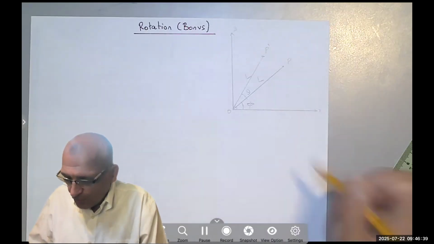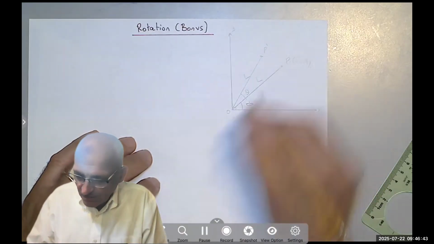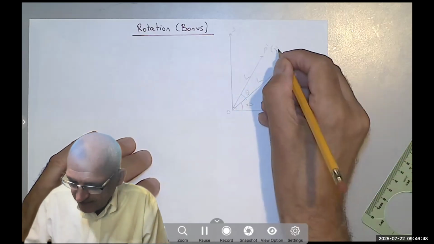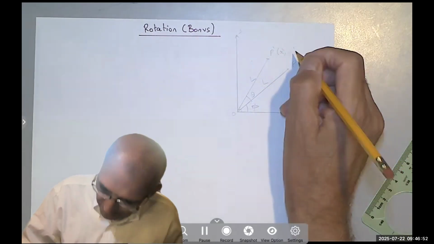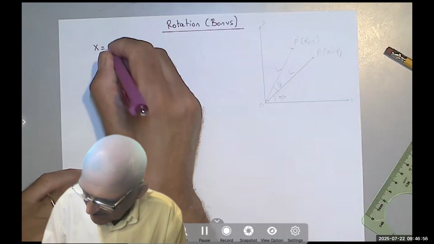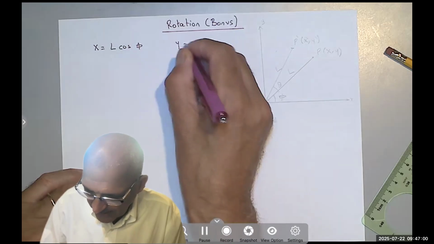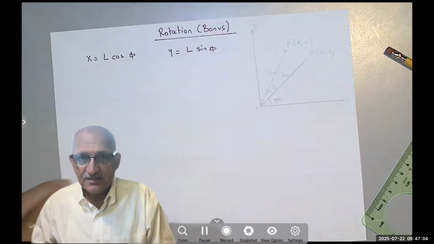Now, the coordinates of P, which are X and Y, the coordinates of P prime, let's call them X prime and Y prime. We know from trig that X is L cosine phi and Y is L sine phi, right? This is simple.